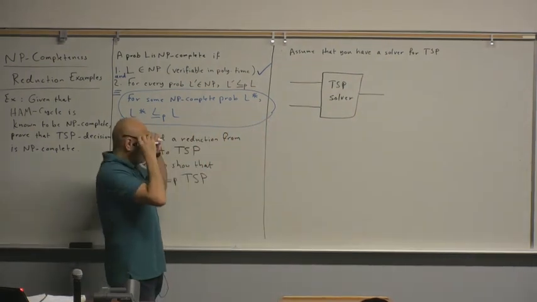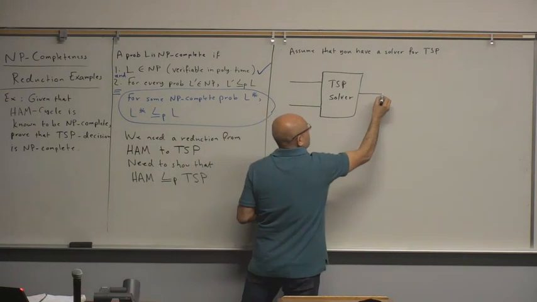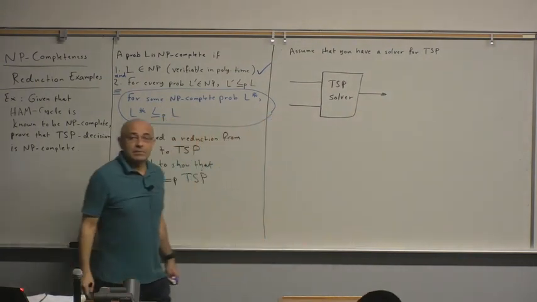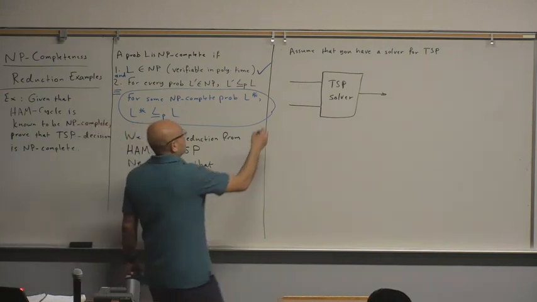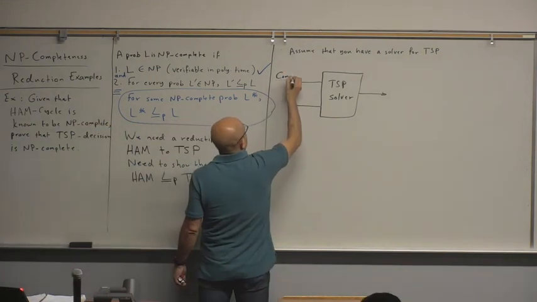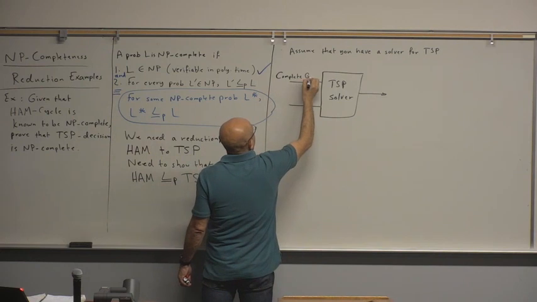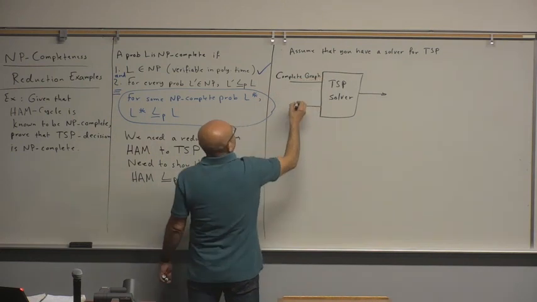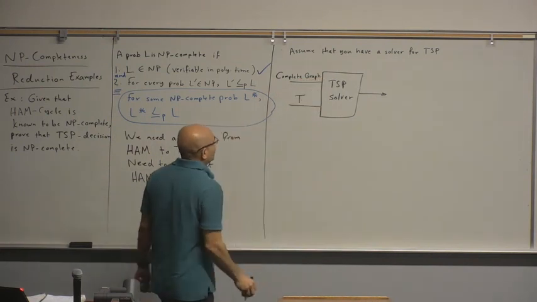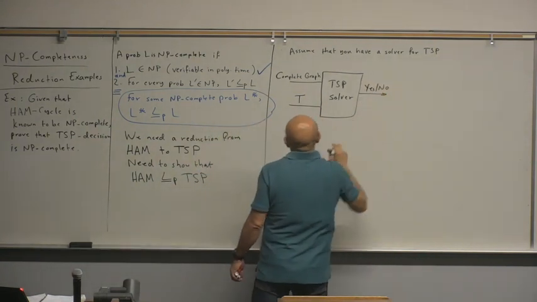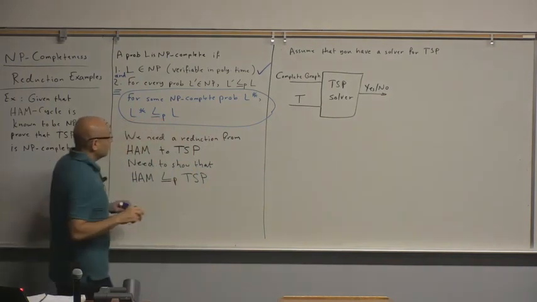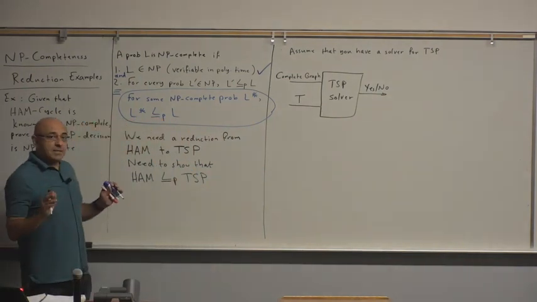Now, what's the input to the TSP solver? A graph. What kind of graph? A complete graph, and a target. And it gives you a yes or no. Now, the question is, I am given a TSP solver.